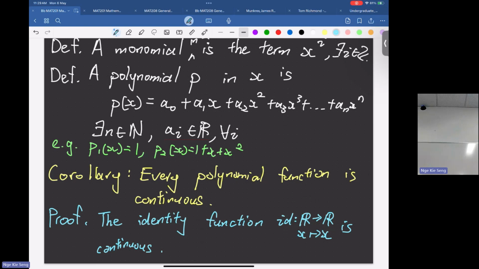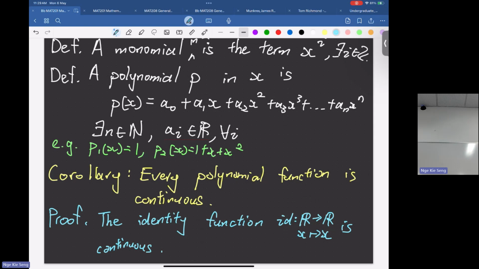You can take products of the identity function, and then scalar multiples of the identity function.